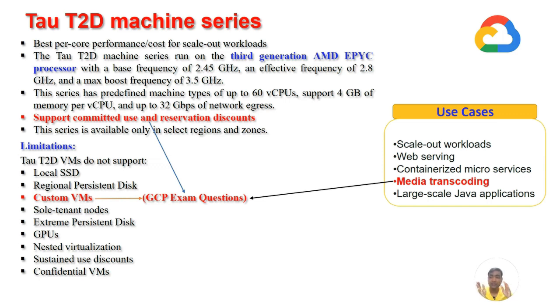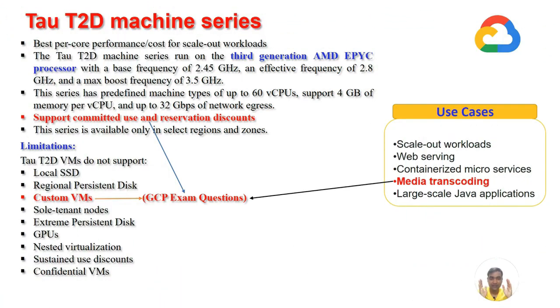As you can see here, the Tau T2D machine series has a lot of limitations. T2D VMs do not support local SSD, regional persistent disk, custom VM, sole-tenant nodes, extreme persistent disk, GPU, and so on.